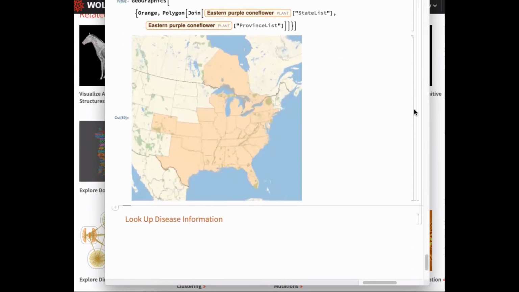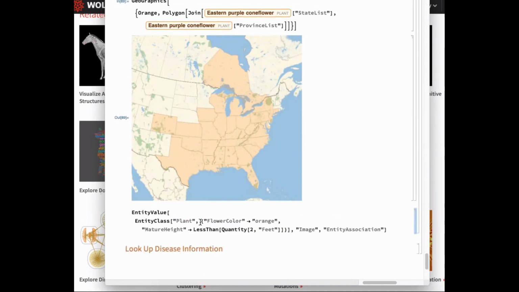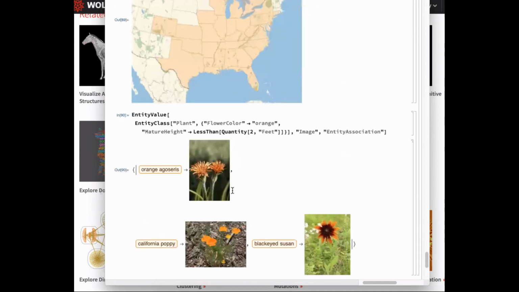Also, again, the implicitly defined entity class function is useful to selectively find plants that have specific characteristics, such as plants with orange flowers and mature height less than 2 feet, and get those plants.